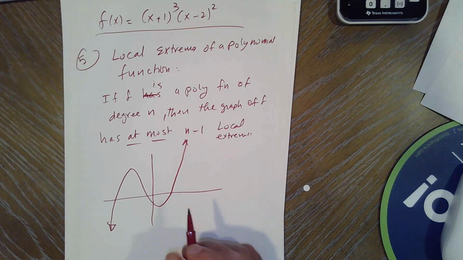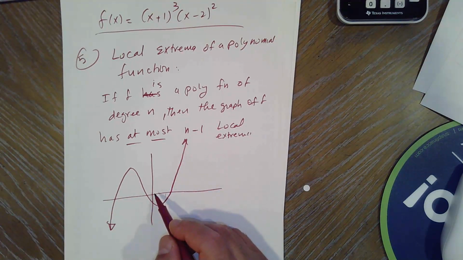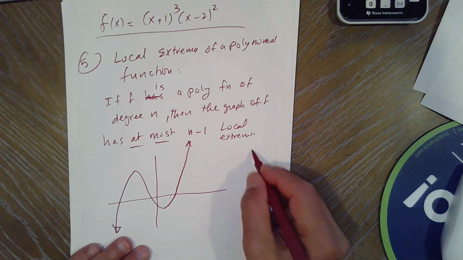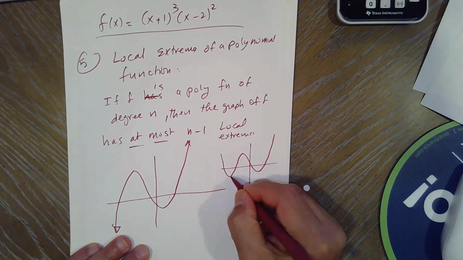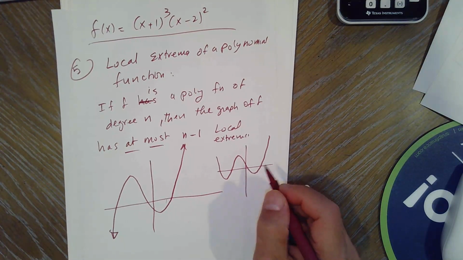So keep that in mind. This could be x cubed, x to the 4, x to the 5? We don't know, but it could be. Now anything like this has 3 extrema, so it cannot be 3rd degree, it has to be 4th degree or 5th degree, and so on.